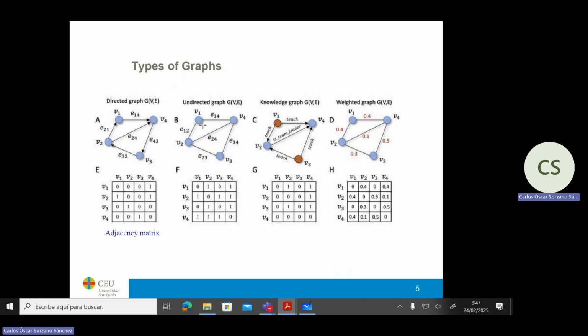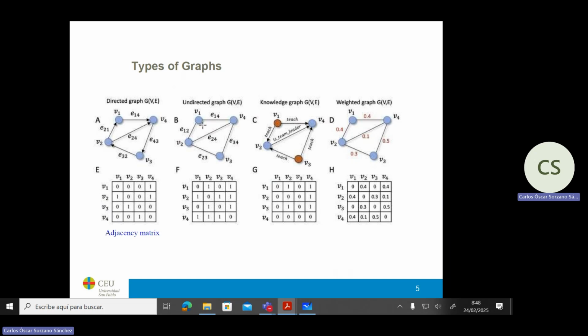So a graph is a couple of sets. One set of nodes, these V1, V2, V3, and a set of edges. So a graph is a set of nodes V and a set of edges E. And the edges can be directed. So from node 2 you go to node 1, but you cannot go back.